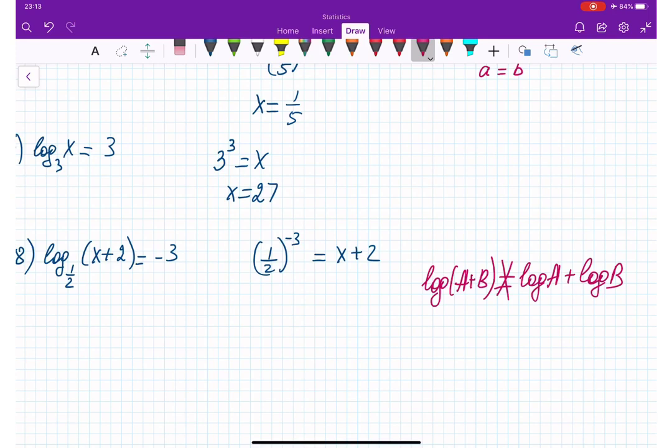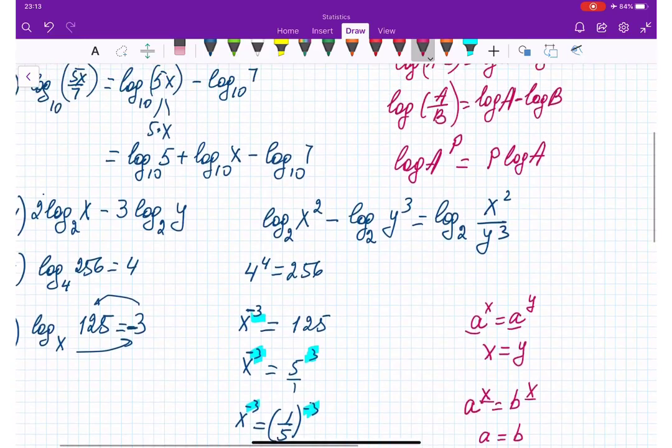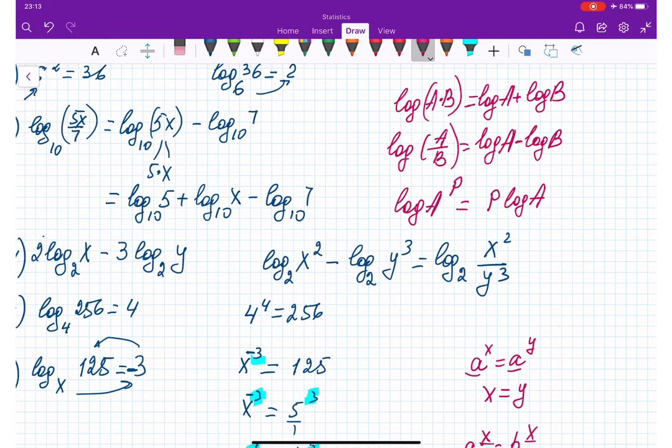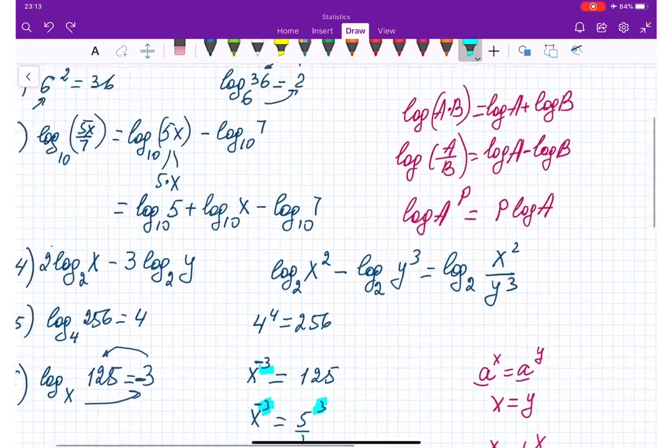Only if you have a product can you convert it into a sum. Right here, only a product you can convert into addition. Okay?